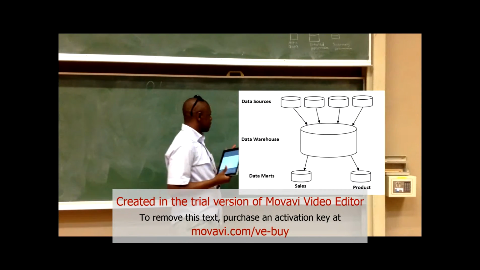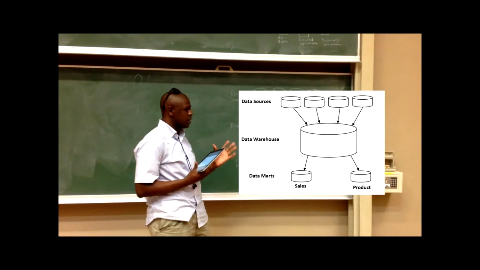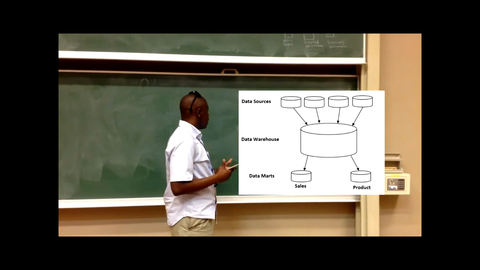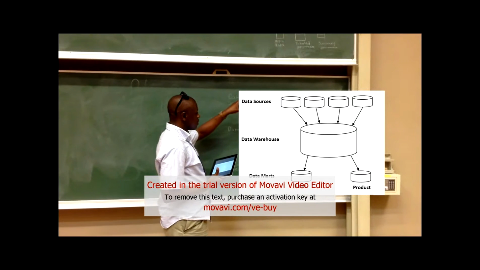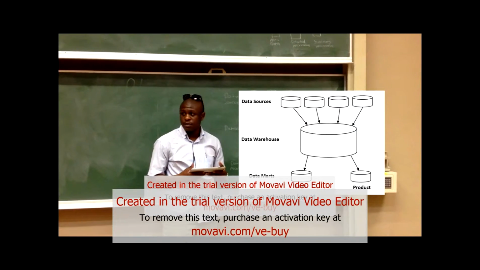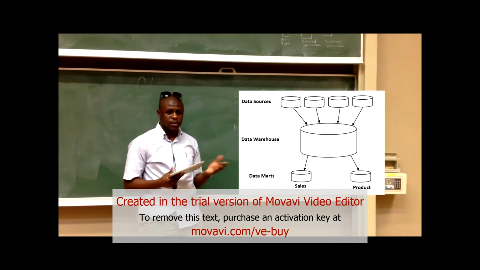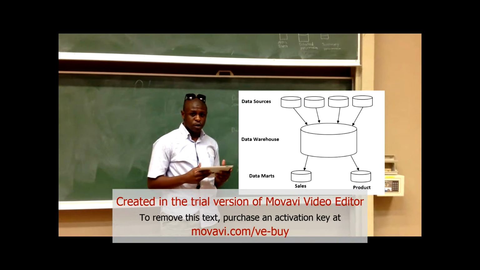This is basically what a data warehouse looks like in an illustrative form. We have the data sources which feed into the data warehouse, which, as mentioned before, stores all the various historical data that the organization has collected over time.